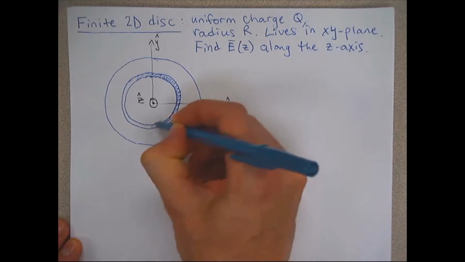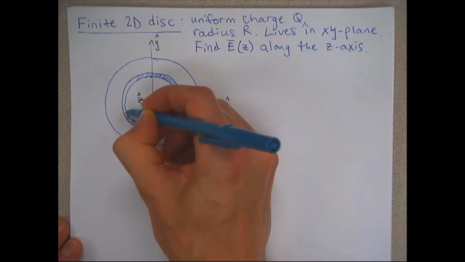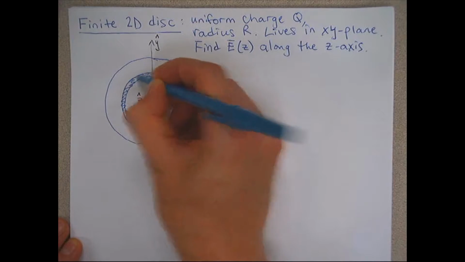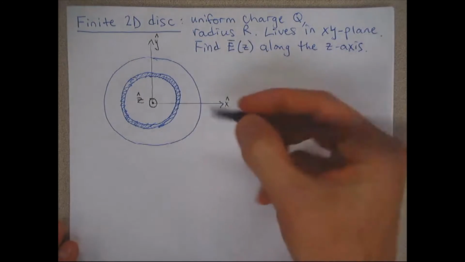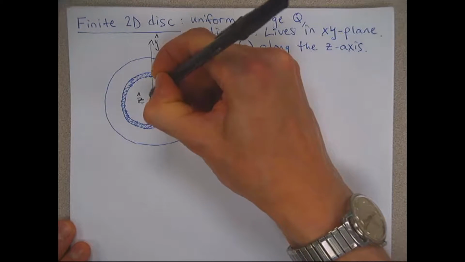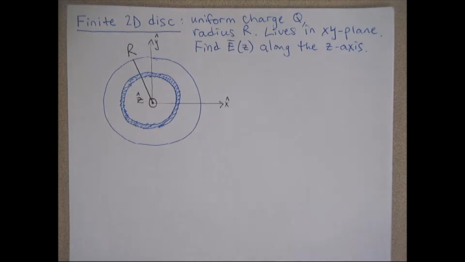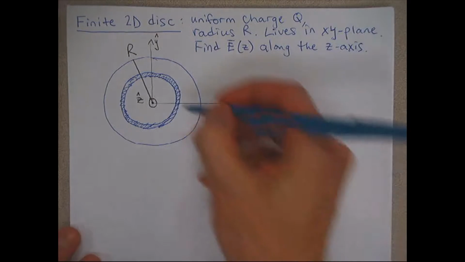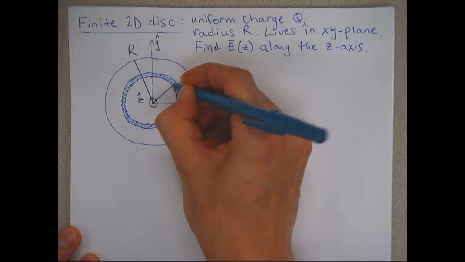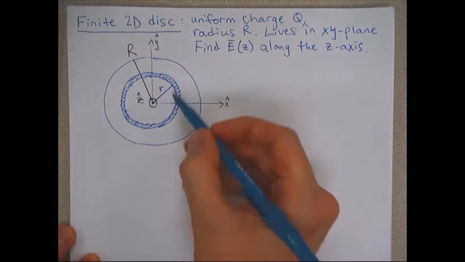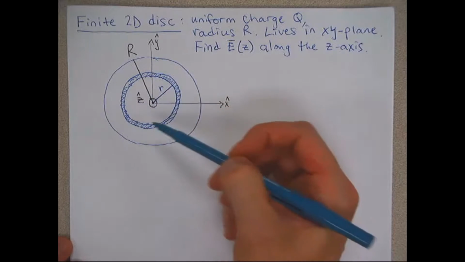What we'll do is imagine that this disk, this finite two-dimensional disk of radius capital R, is built up. You could imagine 3D printing a bunch of these rings.